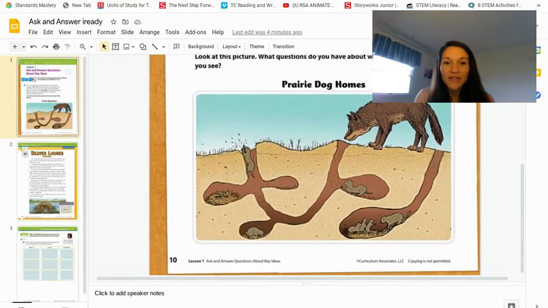All right, so as you're looking at this picture, I want you to think about what questions you might have about the picture and use details from the picture to help you ask those questions. That'll prepare you for the asking questions later when we get to our text.